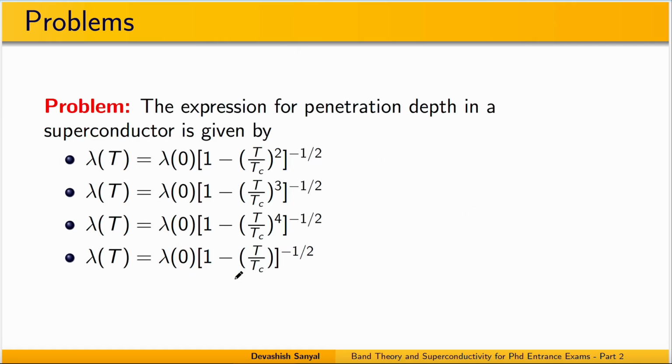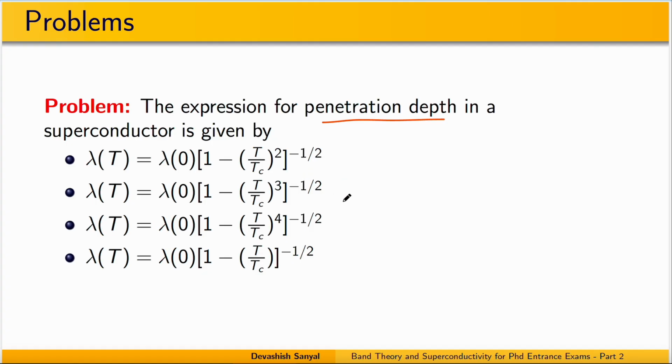So next we go to the problem. Again, it's a problem on superconductivity, and here we are dealing with penetration depth. Penetration depth is the depth to which the magnetic field penetrates a superconductor, and it increases with temperature.